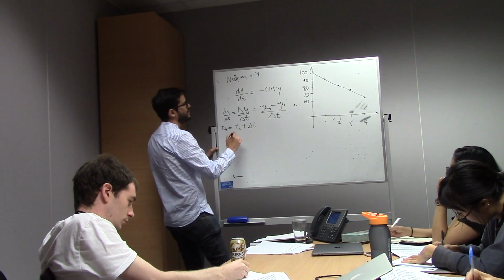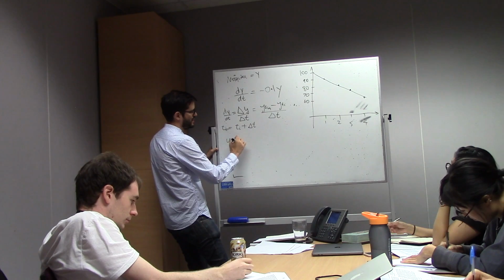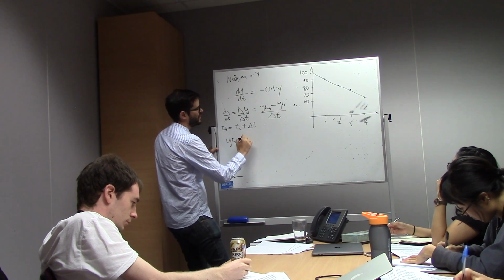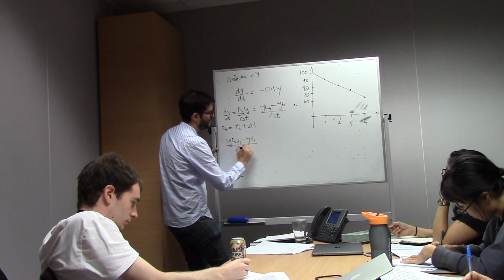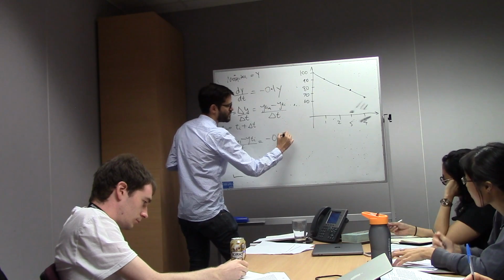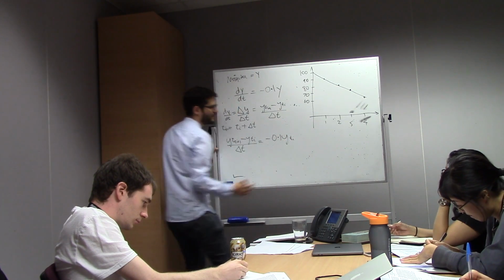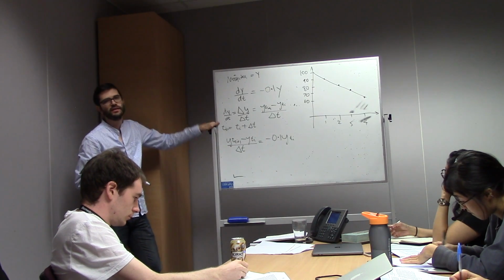So to do that, we have (y(t_{i+1}) minus y(t_i)) divided by delta t. That equals minus 0.1 times y(t_i). Is it okay so far? Yep.